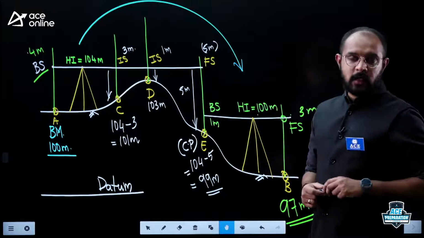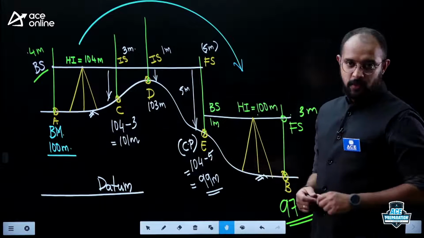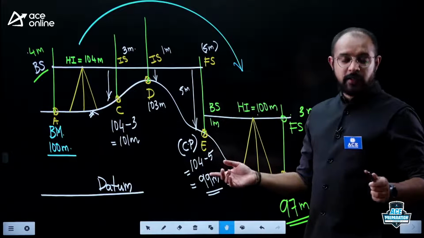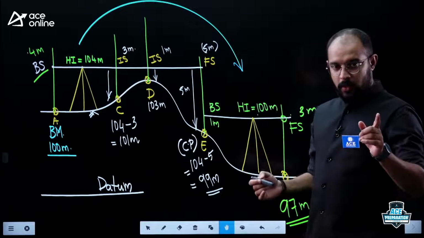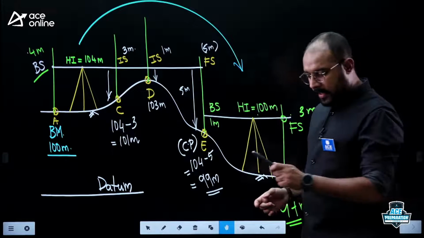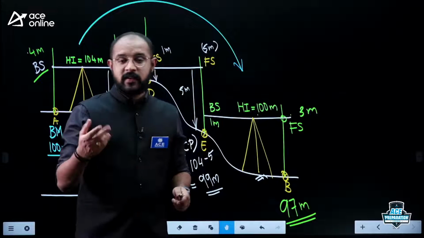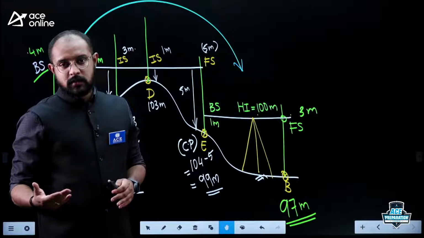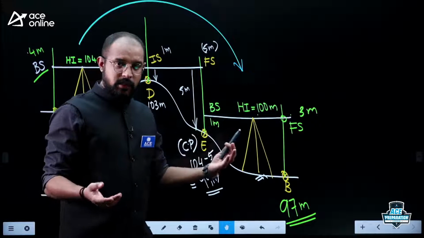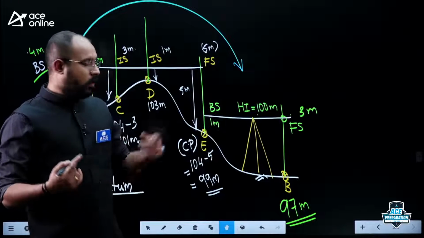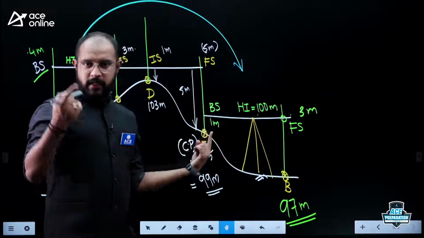The first reading taken on a change point is always a foresight. The second reading taken upon a change point is always a backside. This was an SSC JE question. The first reading taken on a change point is always a backside, true or false? The second reading taken on a change point is always a foresight, true or false? This was the question. So please understand, the first reading taken on a change point is foresight.